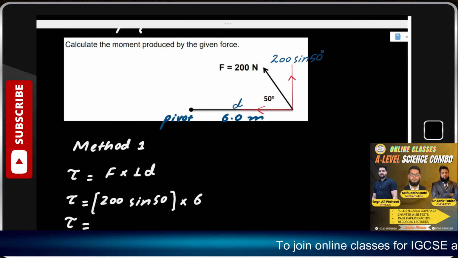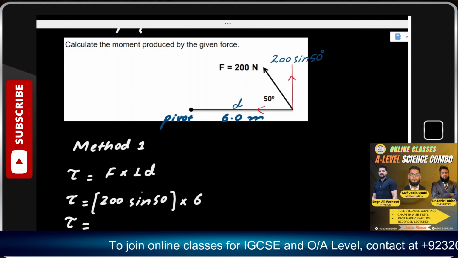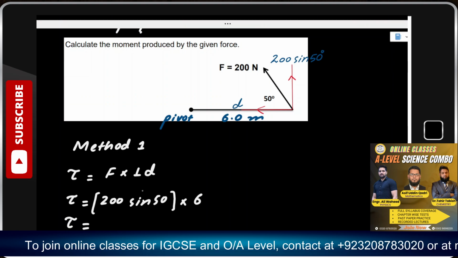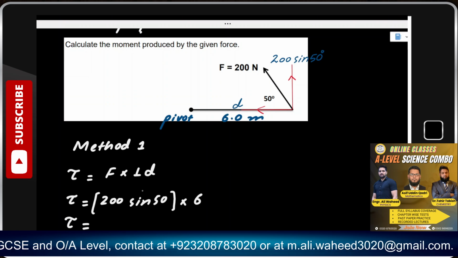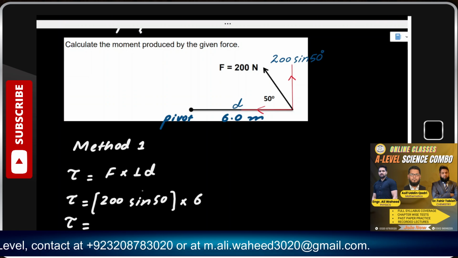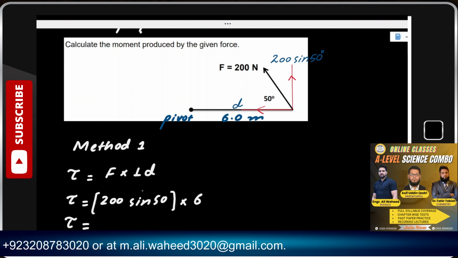Shouldn't be with the negative sign. Sine 50 is non-negative. Make sure you close the brackets after 50. Otherwise, on the calculator, times 6 would also be part of the angle.